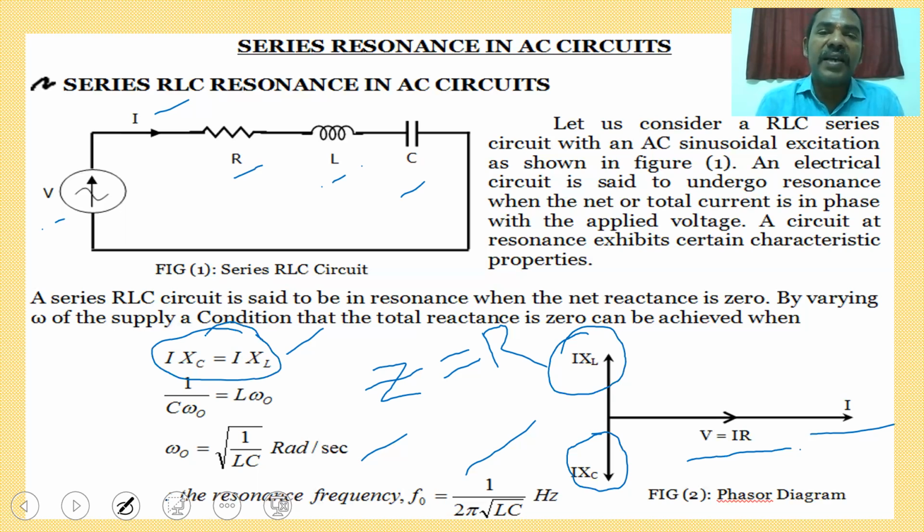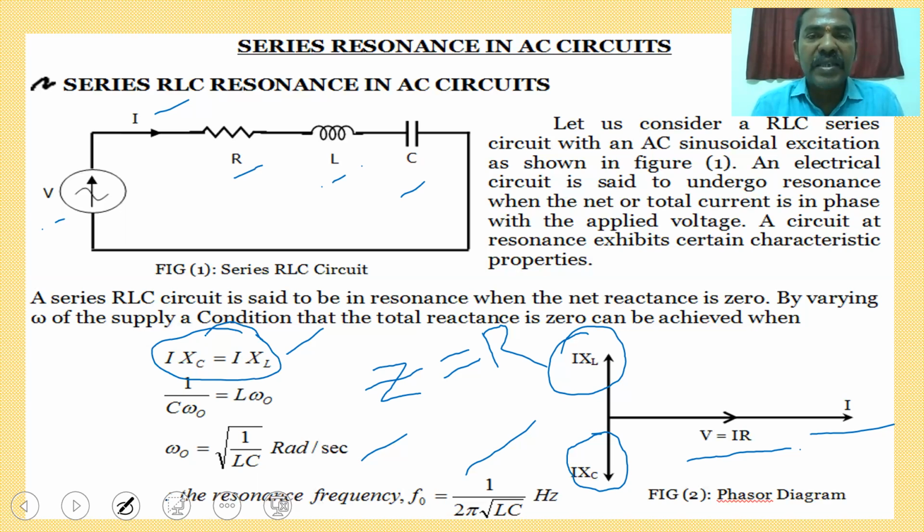So under the resonance condition, the power factor is unity. The net reactance value must be equal to 0. The impedance value must be equal to pure resistance.